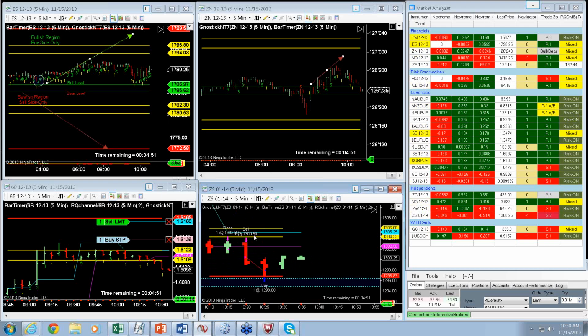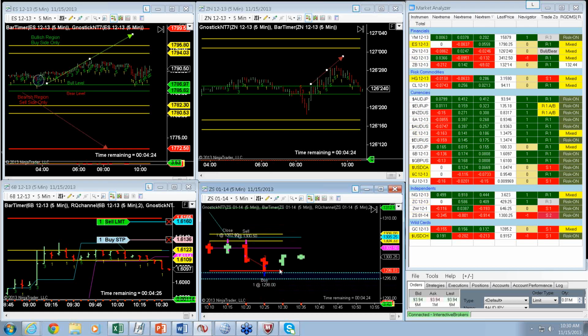Sold at $1.30 and a half a cent. Bought it back at 98 even. So that is 2.5 cents. That's 100 and a quarter. And I'm still live in that euro dollar with a $90 risk. So right now at this moment, realized net return in simulation is at this point $325.